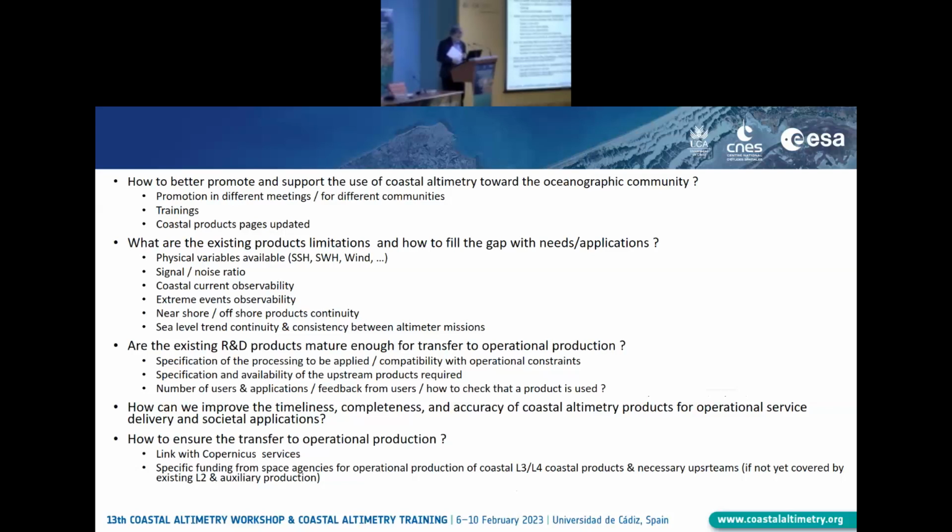Many of the questions that we ask have already been asked during the past meeting or the past days, but maybe some of you can add other input to answer the different questions. We also added a question about how we know that a product that is proposed as an R&D product is mature to be pushed for operational production, and how we ensure this transfer to operations.